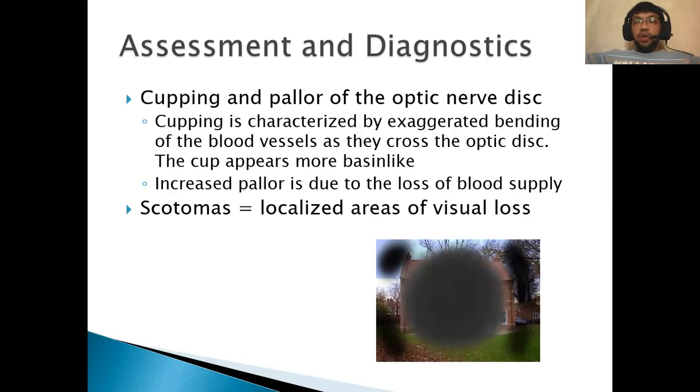Their peripheral vision is lost. That's why if you approach them from their sides, the patient is not going to see you. You need to talk to the patient in front of them, not on their sides, because they won't be able to see you.